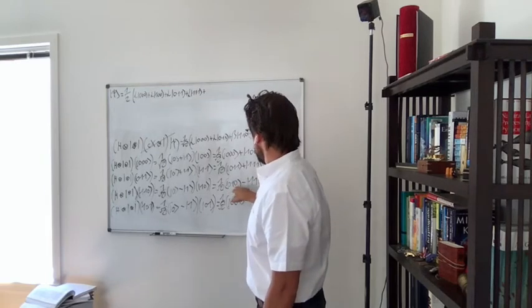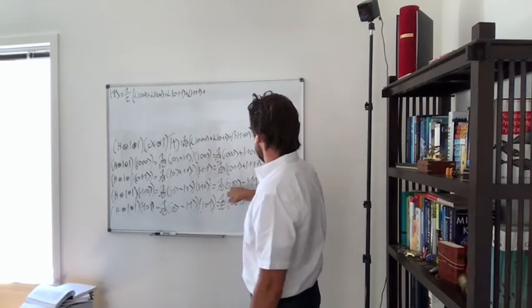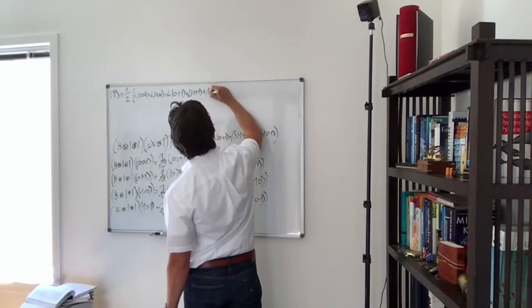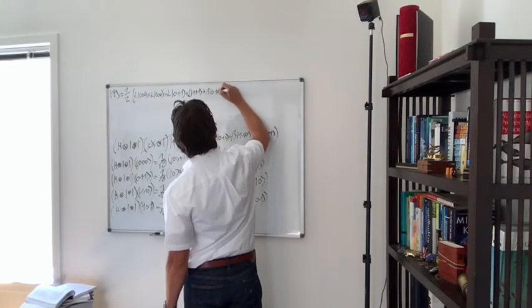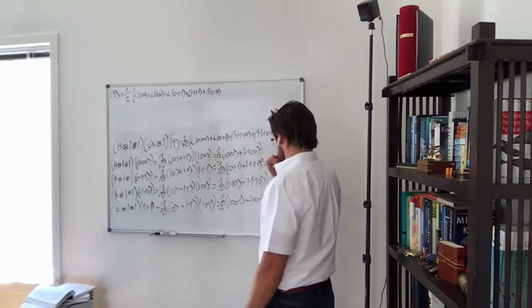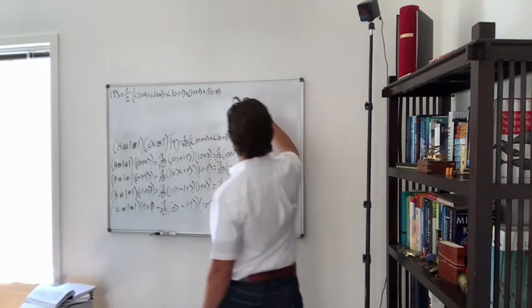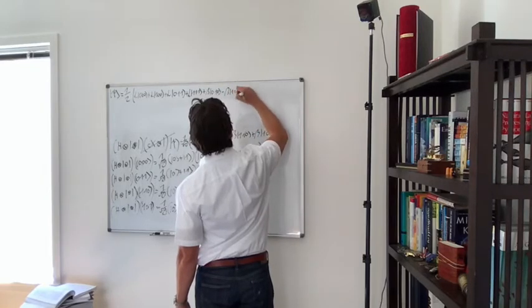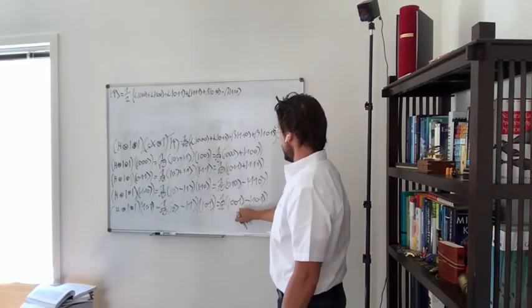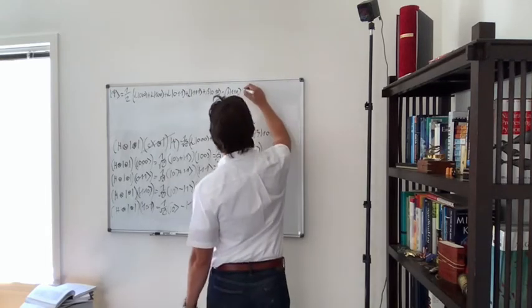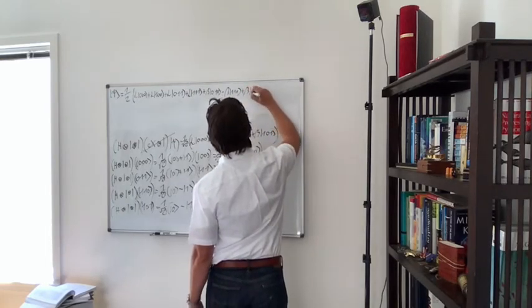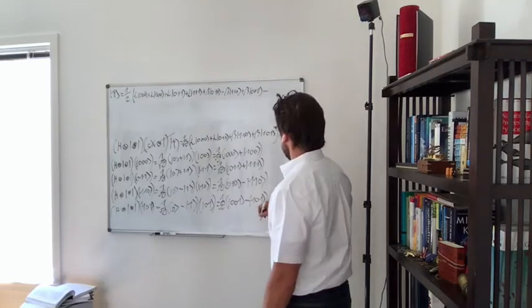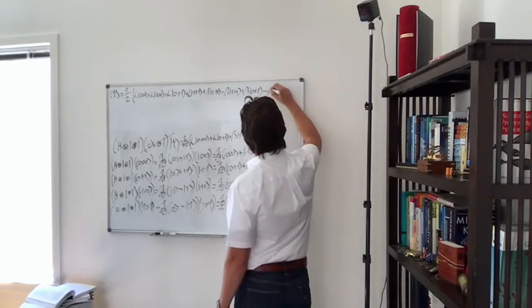Here, we have the amplitude beta, which means we have beta 0, 1, 0 minus beta 1, 1, 0. And here we have beta 0, 0, 1 minus beta 1, 0, 1.